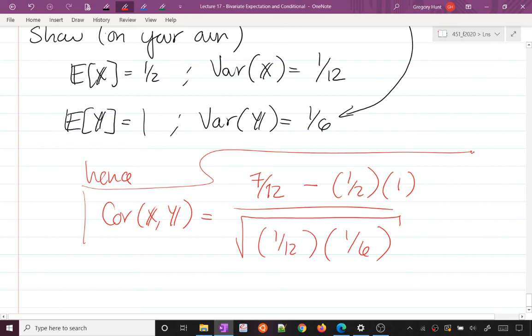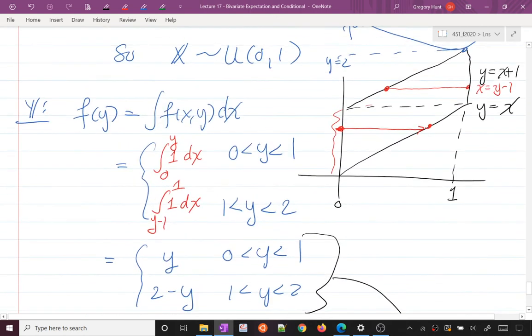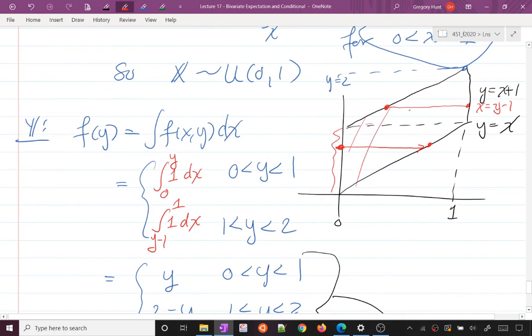And that's a number. Whatever it is, it's a positive number, which says that there is some positive relationship between x and y, which, looking at where the density is, seems to make sense. It's kind of clustered around some line.